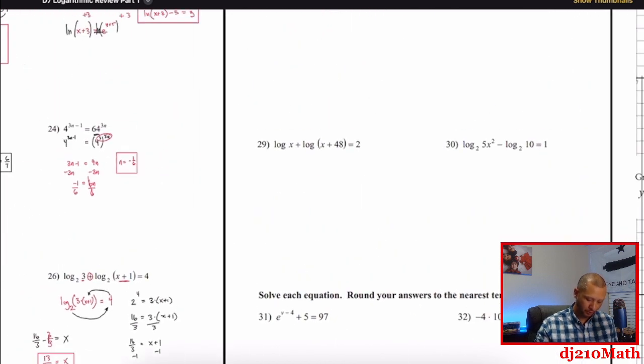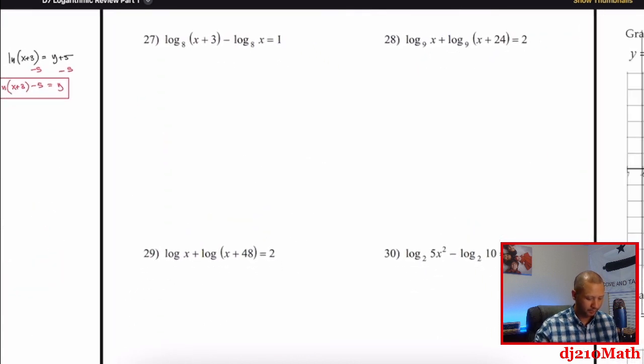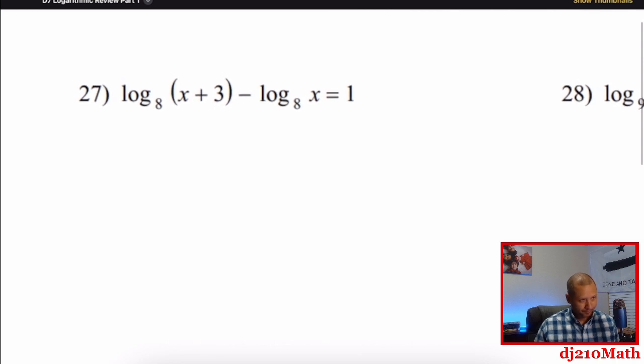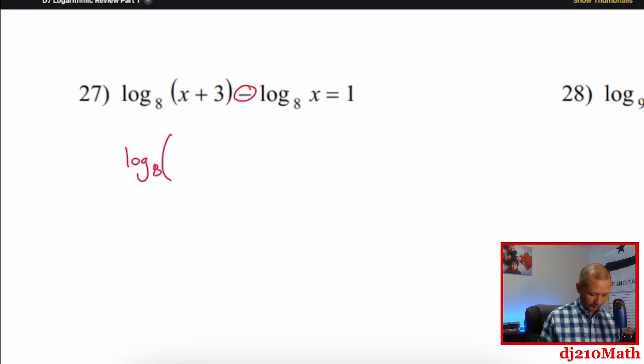All right, I'm going to do the next 4. All right, same idea. The 2 logs on the left can be combined because it's subtraction. We can combine them using division, right? Subtraction, division. So this is going to mean log base 8 of x plus 3 over x is equal to 1.